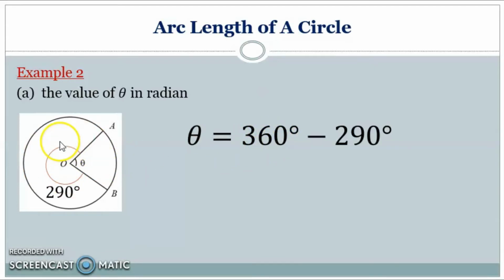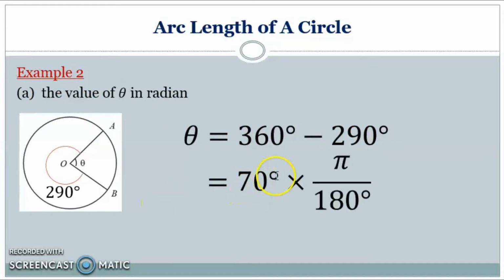Since it is given in the question that the angle of the major sector is 290 degree, we can find theta by subtracting 290 degree from 360 degree. So theta is equal to 70 degree. Then we convert the angle to radian by multiplying by pi over 180 degree. Therefore, the answer is 1.222 radian.